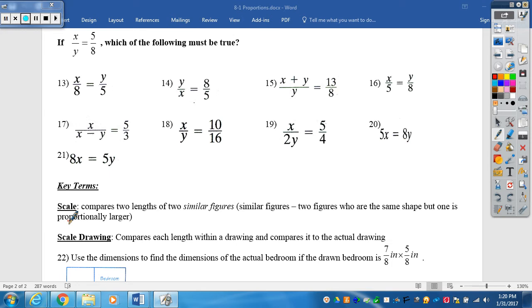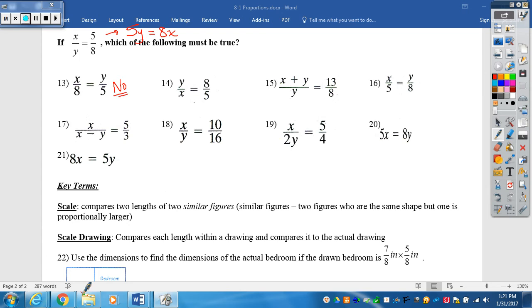If I were to take the cross product of this one, it would be 5y equals 8x. If I want to compare that to number 13, the cross product here would be 5x and 8y. That's not the same as what I have up here. So I'm going to put no. That is not the same proportion there.